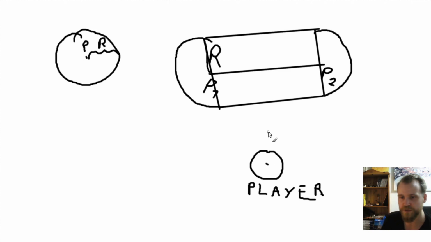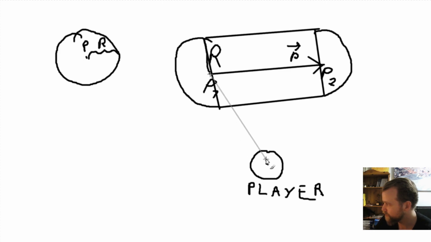So I have two vectors to work with. I have the vector going from P1 to P2. Let's call that P vector. And I also have a vector going from P1 to the player.